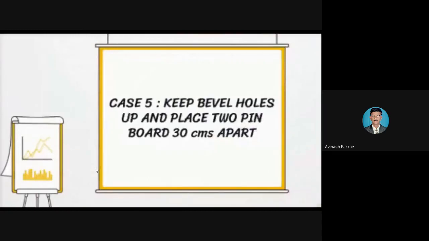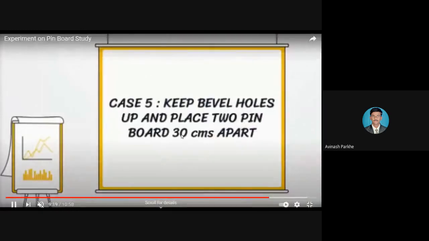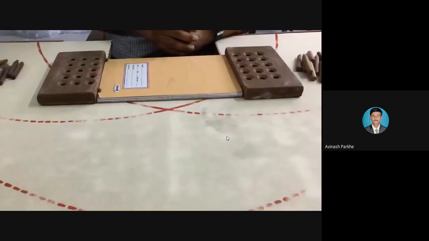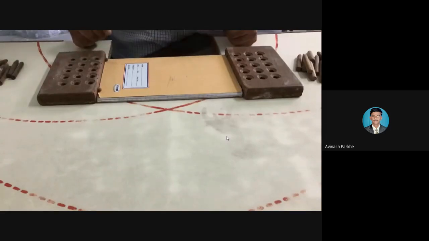Again, case number 5: keep the bevel holes up and place 2 pins, both 30 centimeters apart. You have to keep the bevel holes up. You can see we have increased the gap between the pin boards.